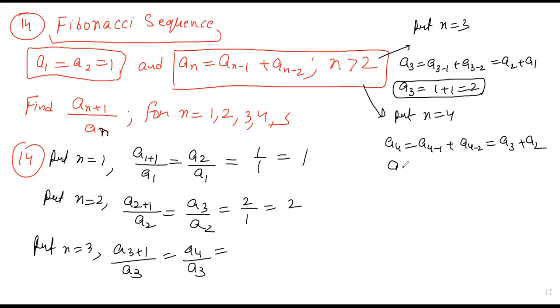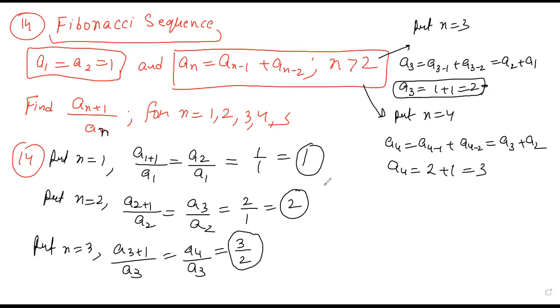So A4 equals A3 plus A2. A3 we found recently, it is 2, and A2 is given as 1, that is 3. So apply here 3 by A3, A3 is 2, so 3 by 2 is the answer. One answer, second answer, third answer. Now we need to find more terms, we need more terms for 4 and 5.